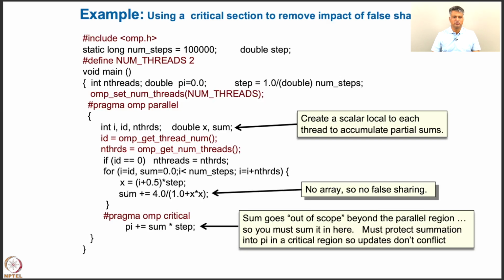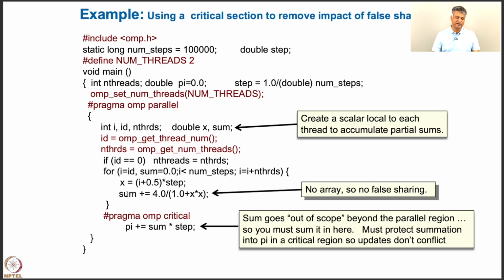We then compute each of the local sums. Remember, the moment the parallel section ends, this variable sum will go out of scope because it's been declared within the parallel section. But here we are not having any array, so there is no question of false sharing.